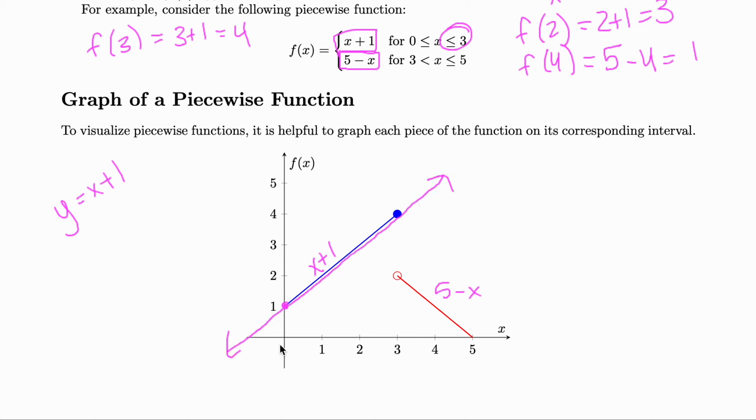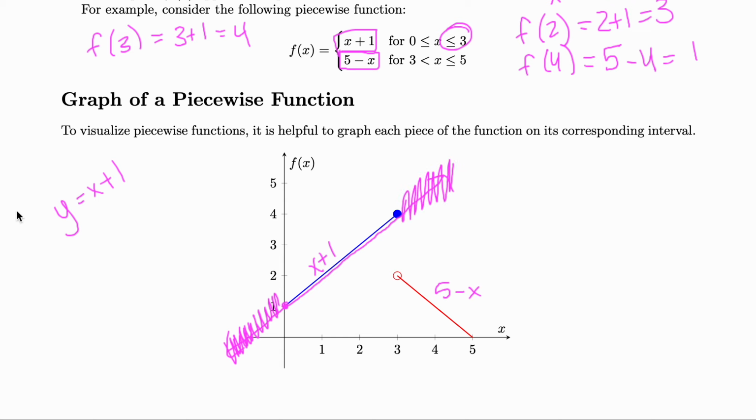Then I teach my students to literally just use their eraser to erase any values that aren't in the defined range here. It's only defined from 0 to 3, so I would erase everything until I got to 0, and then I would go to 3 and erase anything after that.